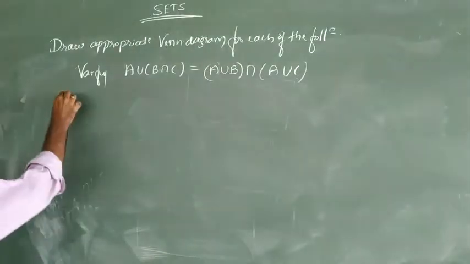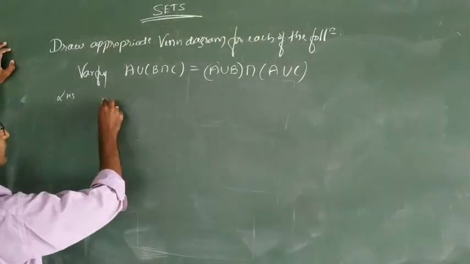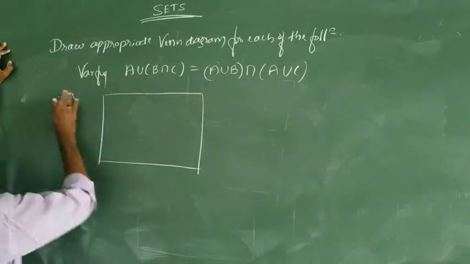But first I will take the LHS, A union B intersection C. So how many sets do we have? Here we have 3 sets. First I will take the LHS.